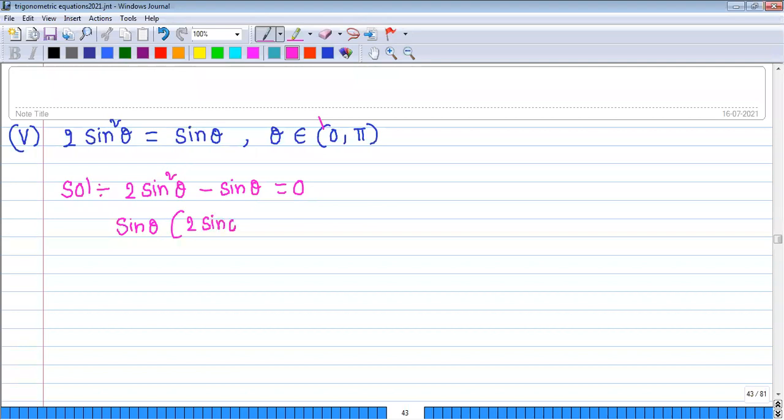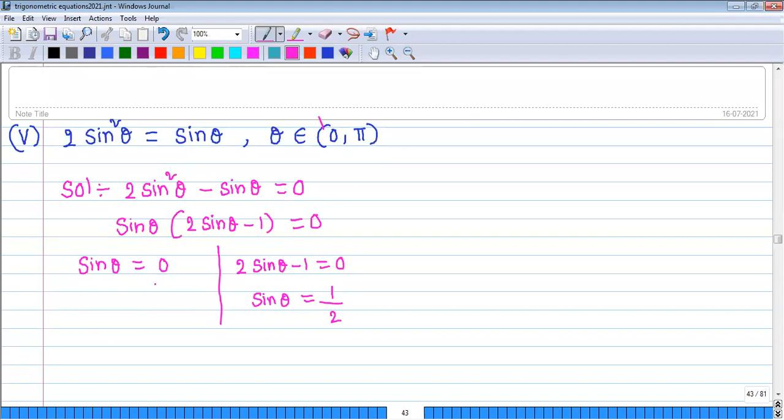We get two cases. Sin theta equals to 0, and 2 sin theta minus 1 equals to 0, that is sin theta equals to 1 upon 2.